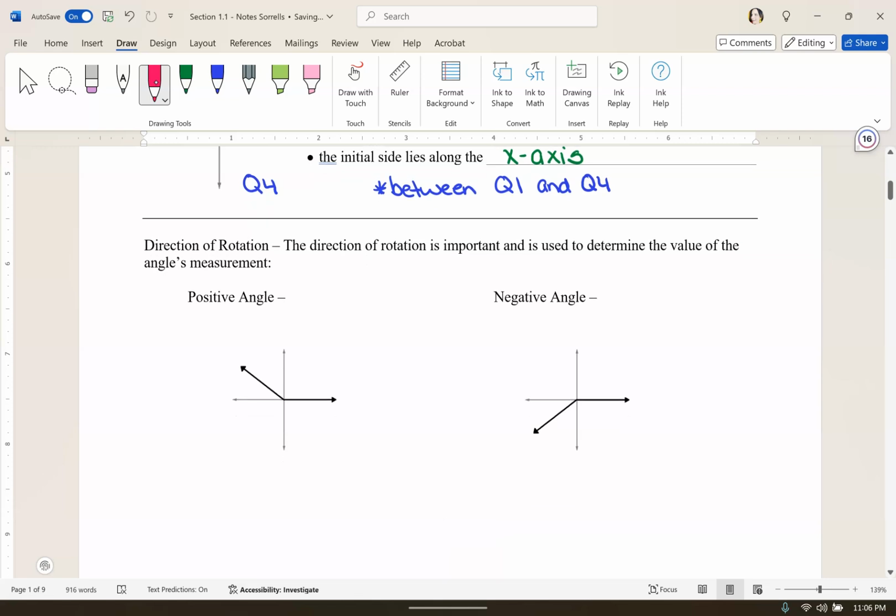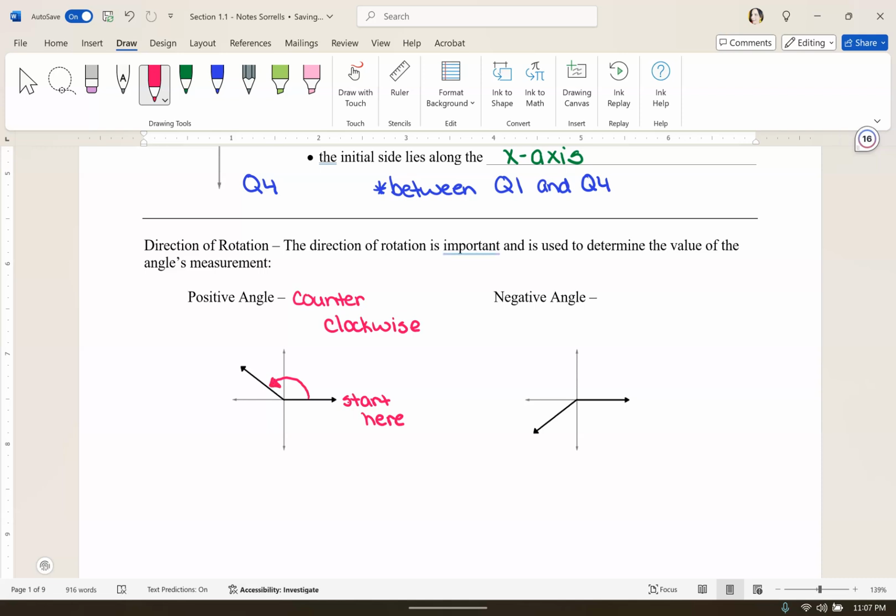Now, the direction of a rotation. This is very important. The direction of a rotation is used to determine the value of the angle's measurement. A positive angle will go counterclockwise. I'm going to make a little note that we always start here because that's our initial side, and counterclockwise would be going up.